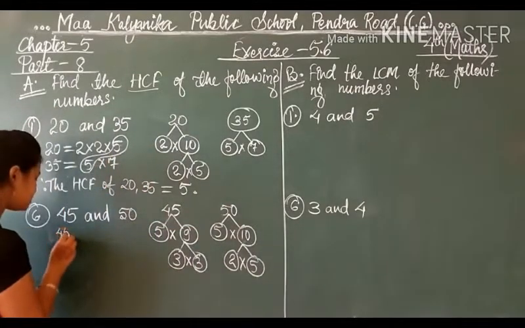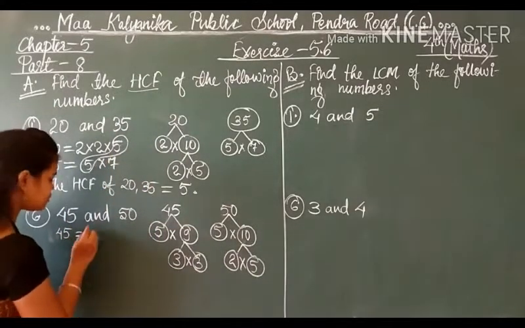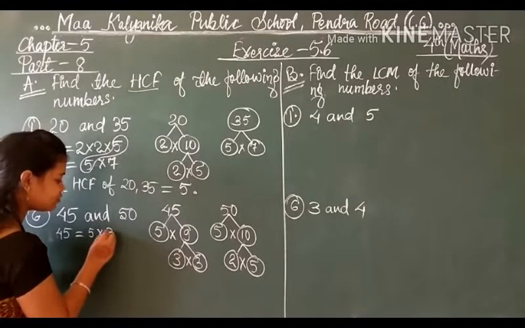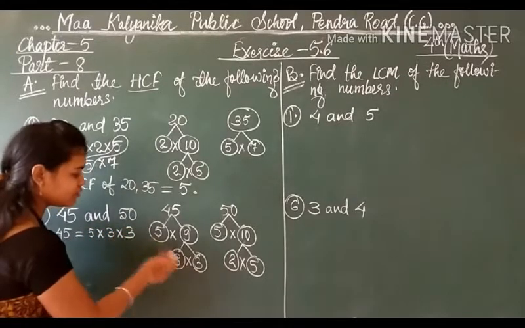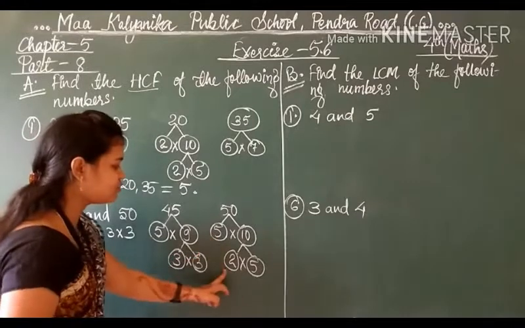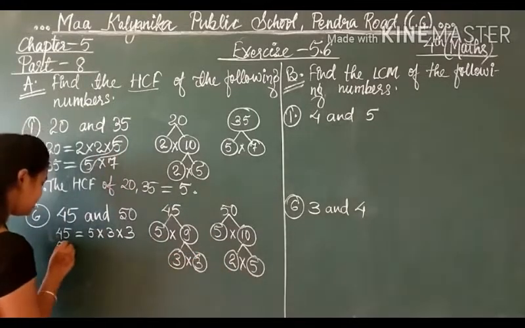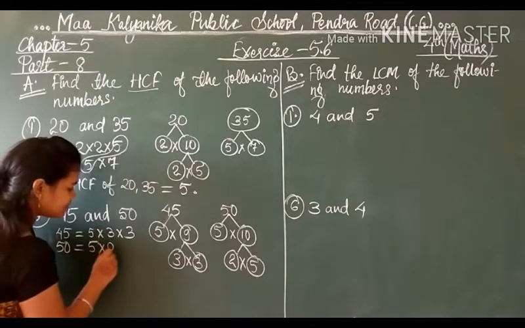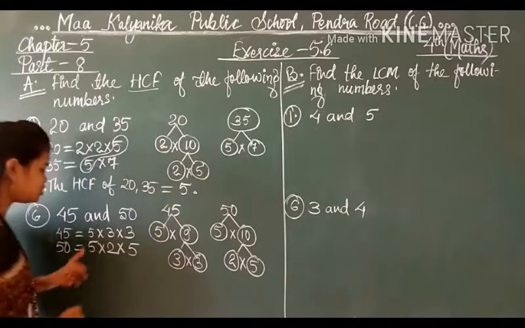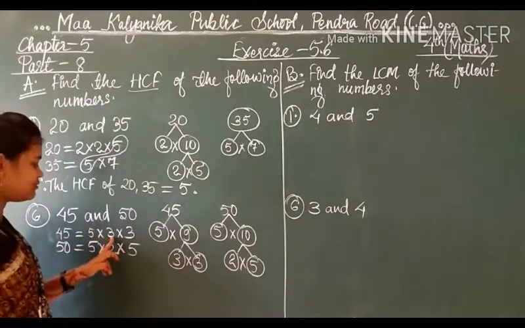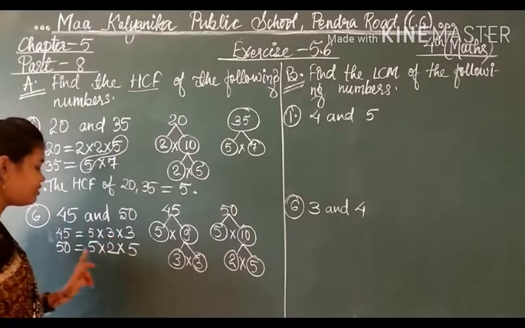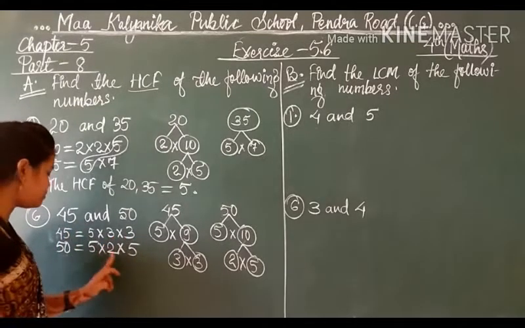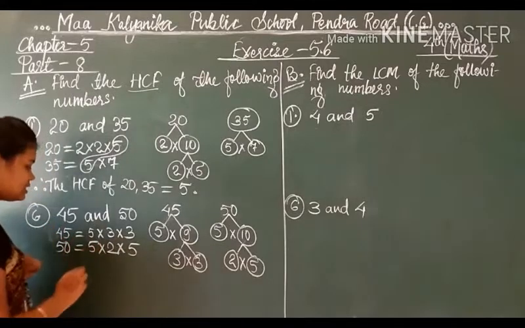So we will write the factors of both. 45 is equal to 5 multiplied by 3 multiplied by 3. 50 is equal to 5 multiplied by 2 multiplied by 5. Now check once. 5 3s are 15, 15 3s are 45, 5 5s are 25, 25 2s are 50. Now our answers are correct.